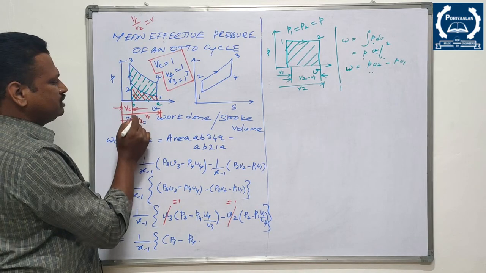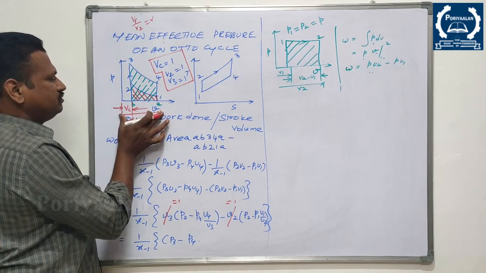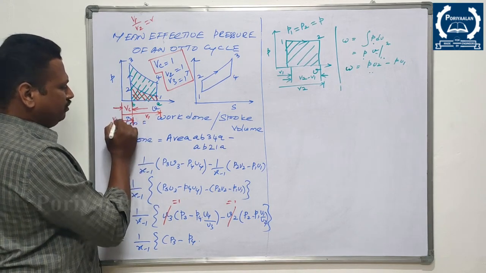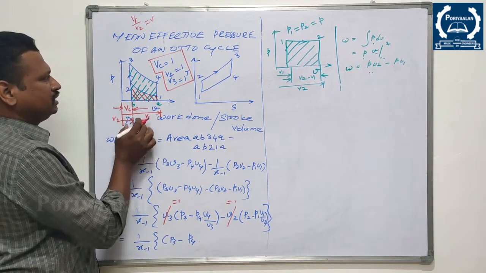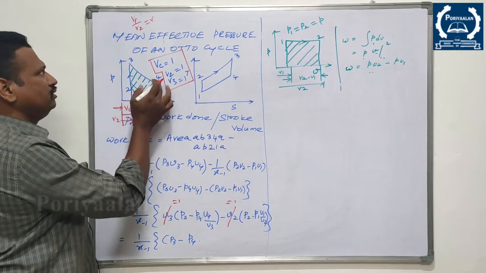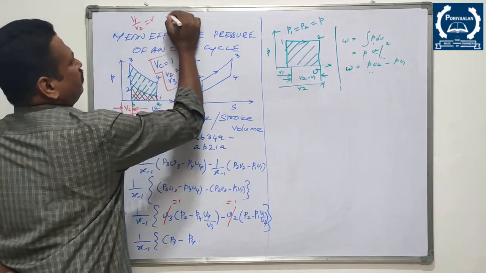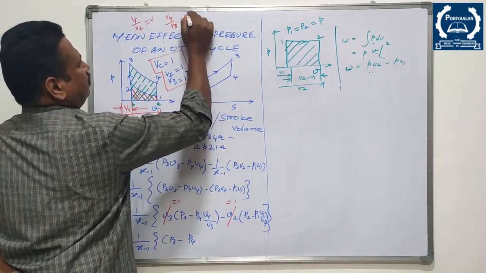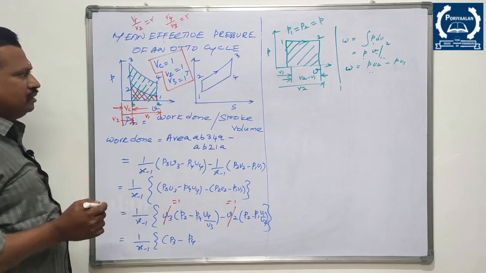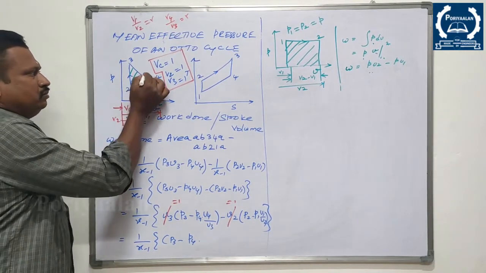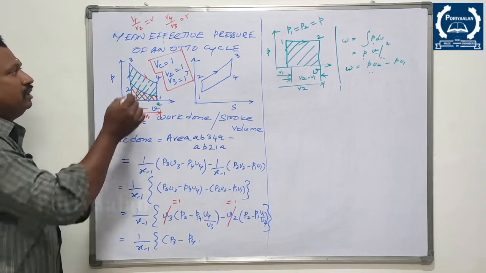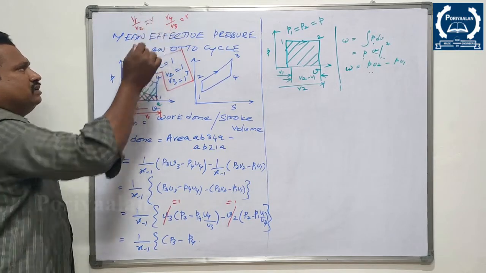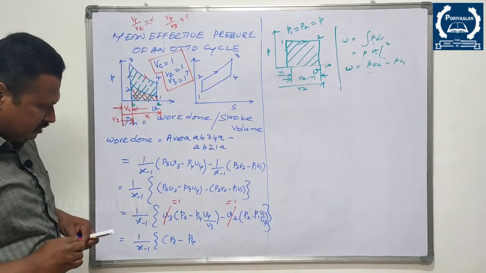From this place to this place, this is V2. Here this is V1. V1 by V2 is nothing but compression ratio, which is equal to V4 by V3. V4 by V3 is also equal to R, expansion ratio, right? Compression ratio, expansion ratio, so both are same in Otto cycle. So I am writing this V1 by V2 is equal to R, V4 by V3 is equal to R. This always you should remember, right?